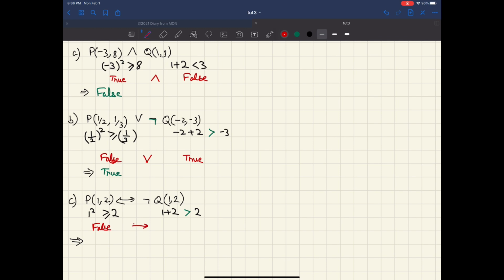And 1 plus 2, which is 3, is greater than 2. But since it's a biconditional, both of them have to be true in order for the end result to be true. So this is false.